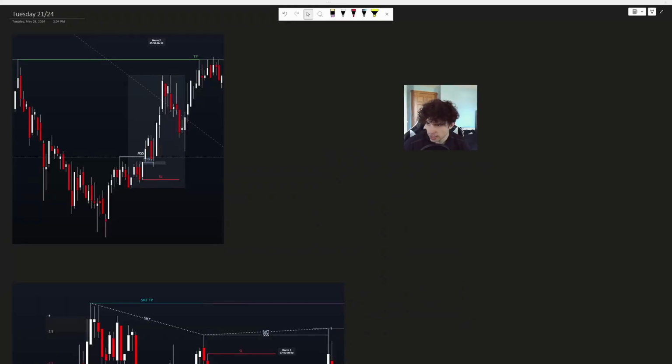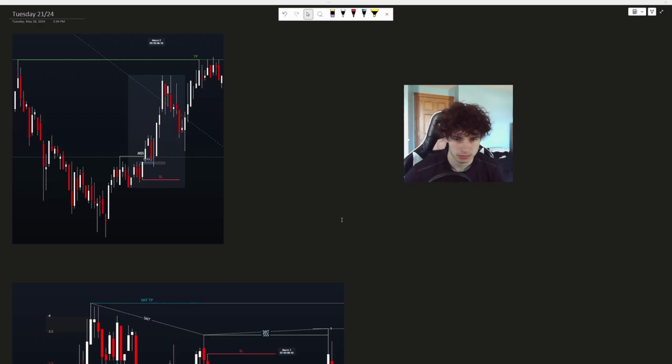Alright, so I'm back, and here's a little slideshow. Okay, let me sort of explain this. So this is kind of off to the side of the screen, but here's the first model that was apparent today. We had downtrend, displacement up, right?